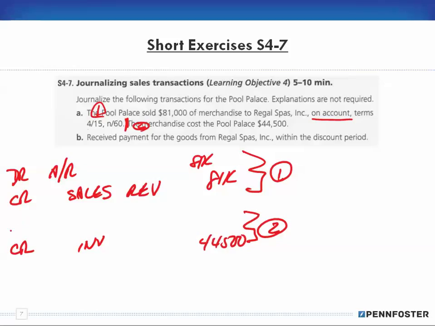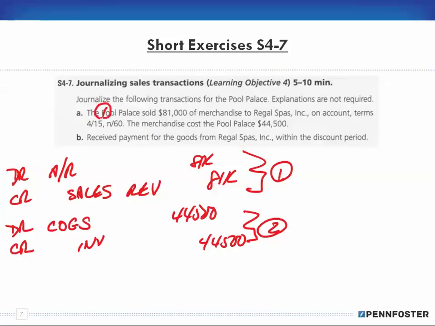And since debits must equal credits, we have to debit something else, and that debit is going to be our cost of goods sold account. Cost of goods sold for 44,500.